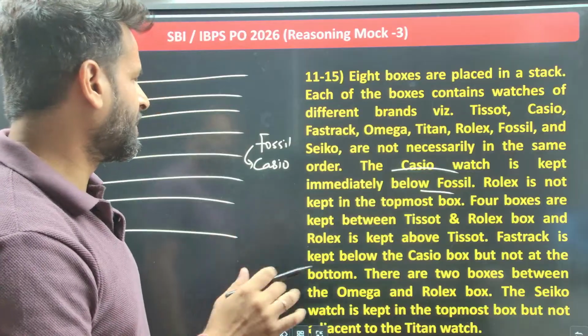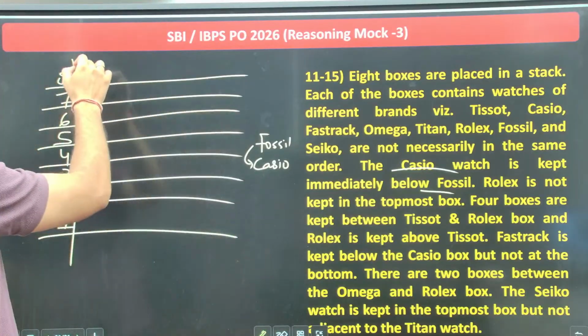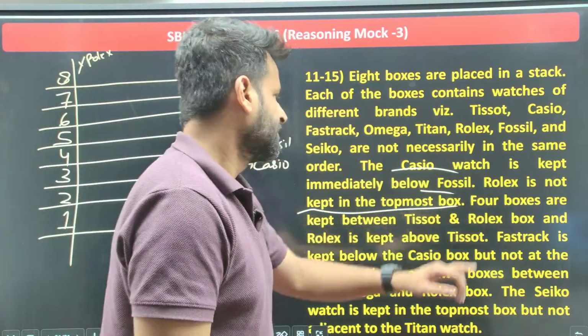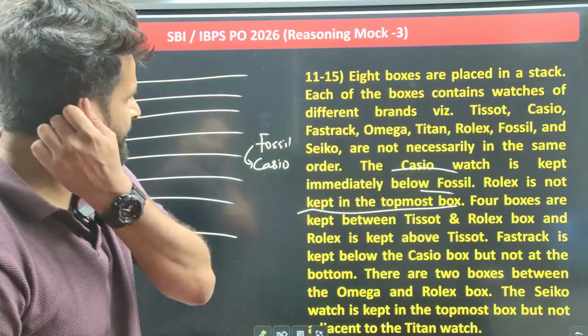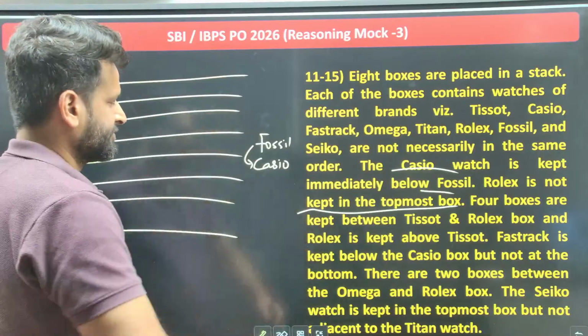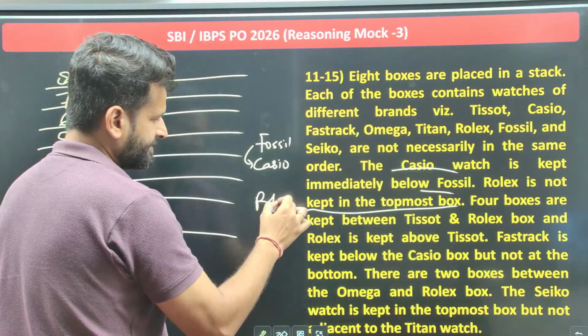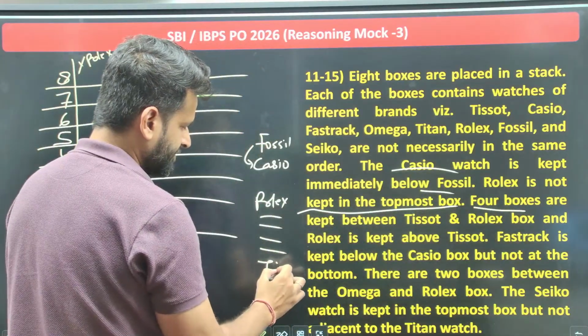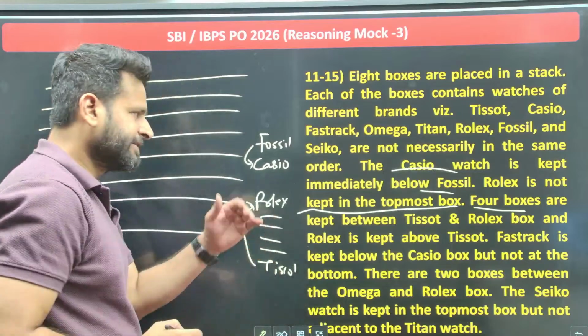Okay. Rolex is not in the topmost, so here I will not be placing the Rolex watch. 4 boxes between Tissot and Rolex, and Rolex is kept above Tissot. So this will be Rolex. How many? 4 boxes: 1, 2, 3, 4. This will be Tissot. Direction is given, right?